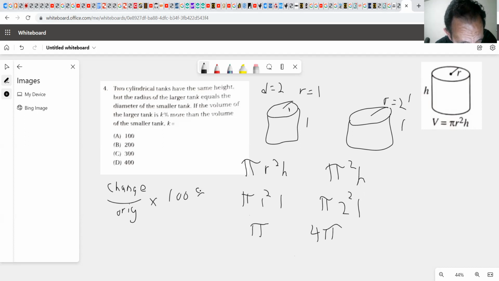In this case our change is going from pi to 4 pi, from the smaller volume to the larger volume. So that would be 4 pi minus pi. And the original I would think of as the smaller cylinder, which would be pi, again times 100%.